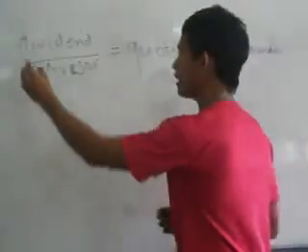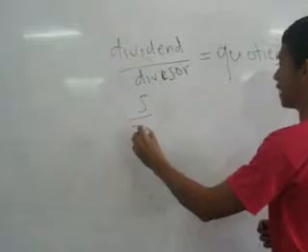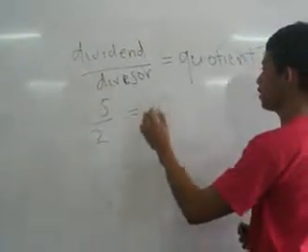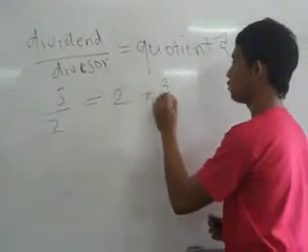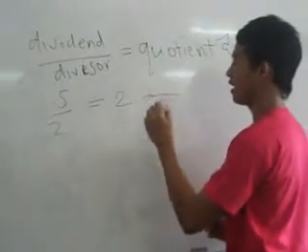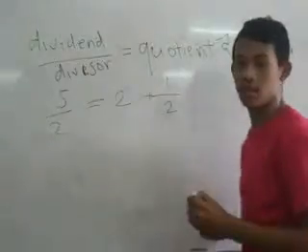For example, the value here would be pi and 2. The quotient would be 2 plus 2 out of 1 half. So there.